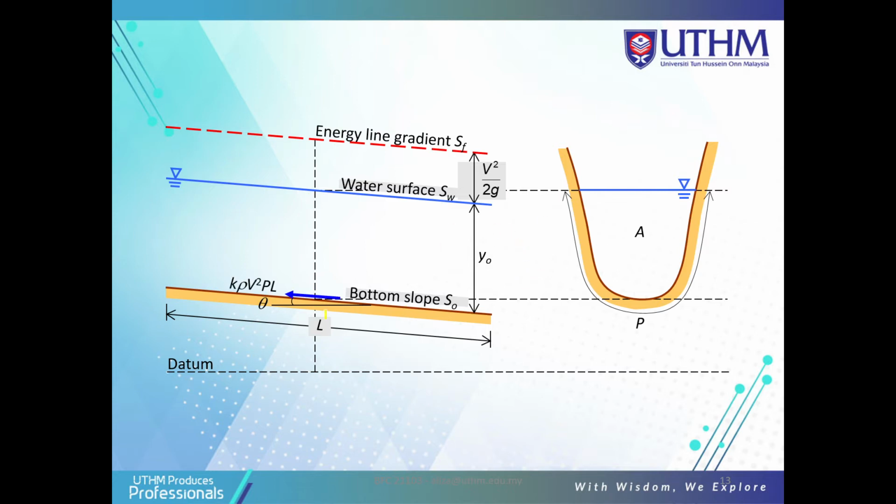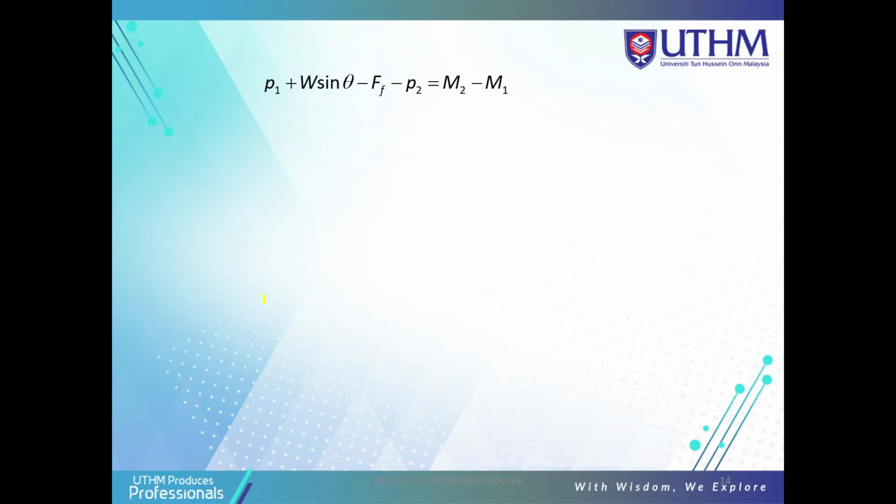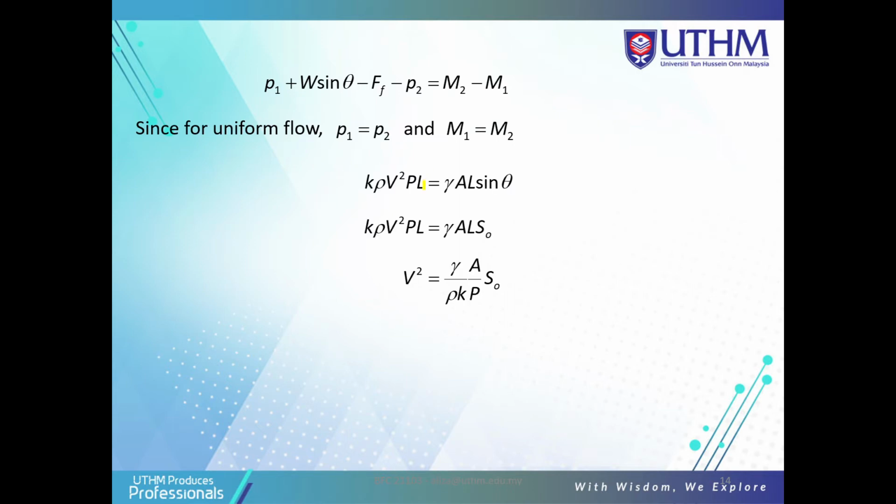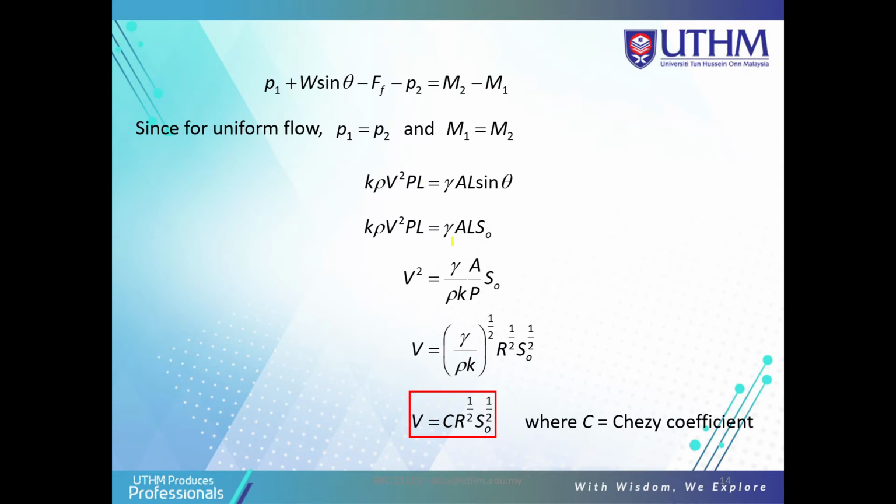This is the assumption we use to get Chezy's formula, from using the energy line gradient, the water surface and also the bottom slope of the channel. So this is how we get the formula.